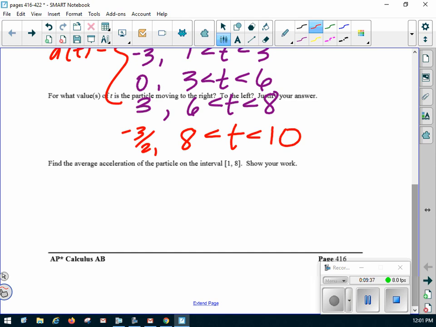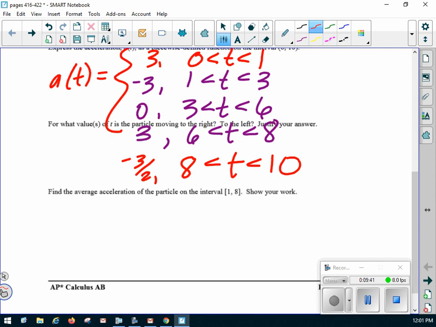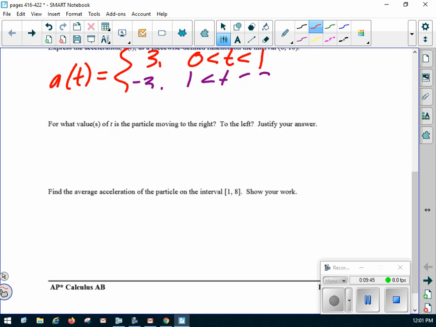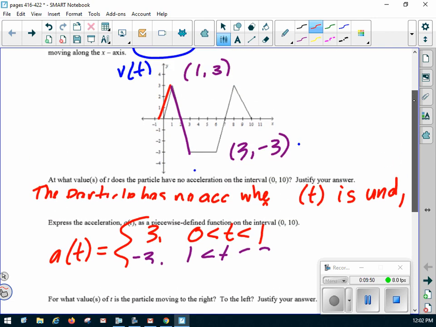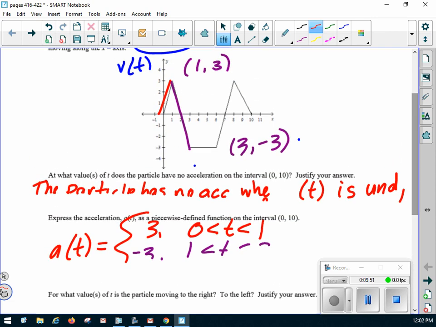Now, I'm going to have to use my notes because I'm going to erase this, so I'll have enough room. For what values of t is the particle moving to the right? The particle moves to the right when its velocity is positive.